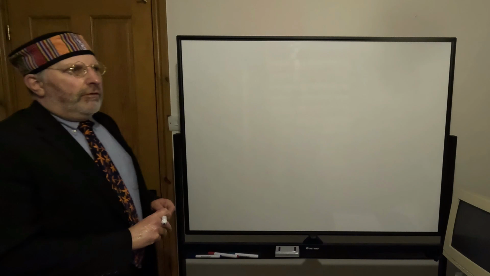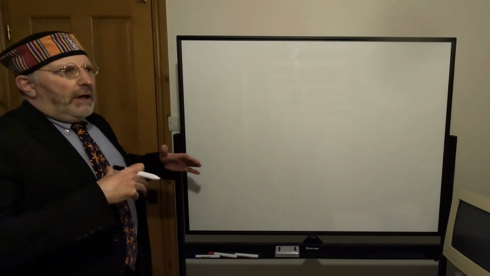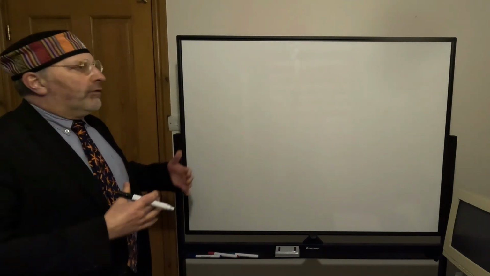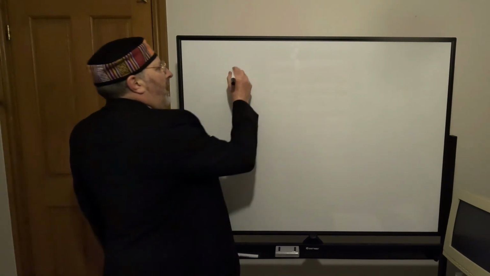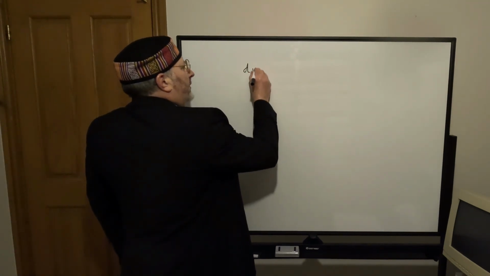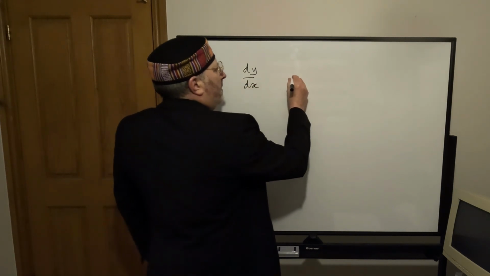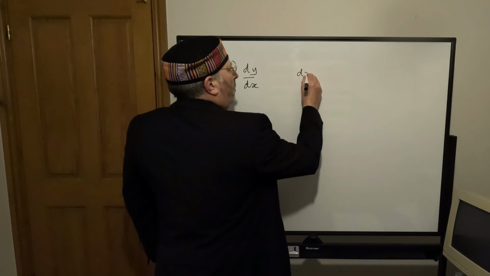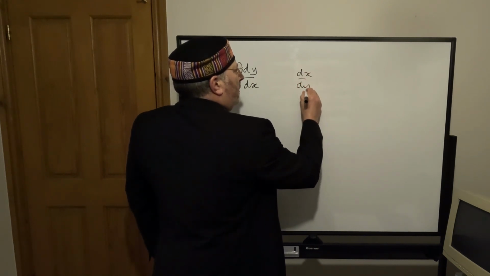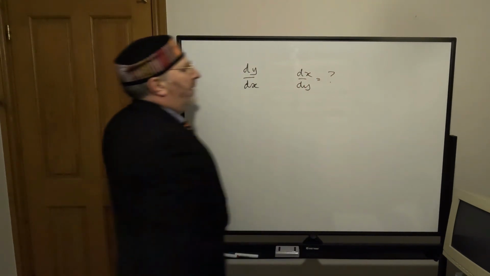And now I'm going to talk through a couple of other little points about how to work with derivatives. So the first one is, if we've got dy by dx, then what is dx by dy?